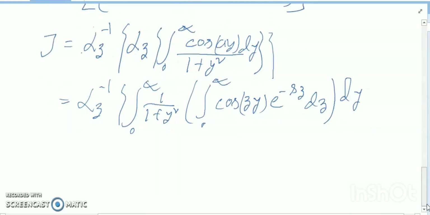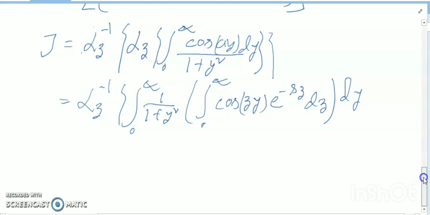So friends, just applying the Laplace transformation, what do I get?